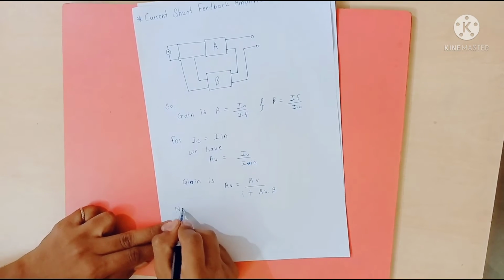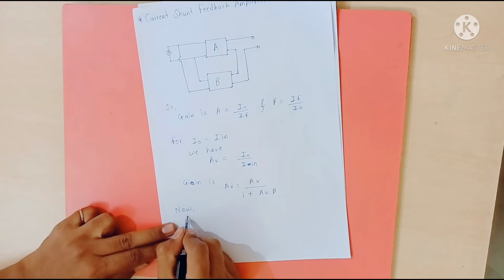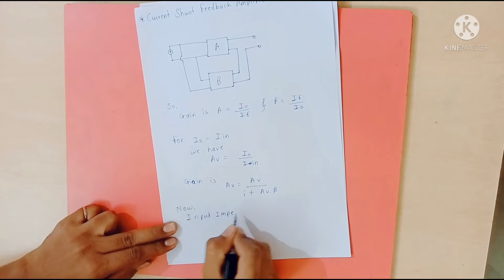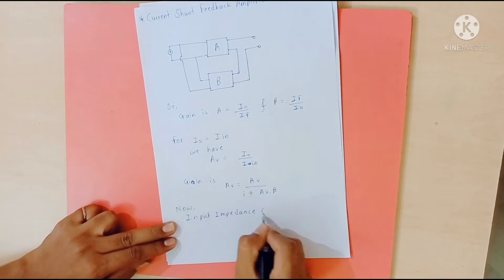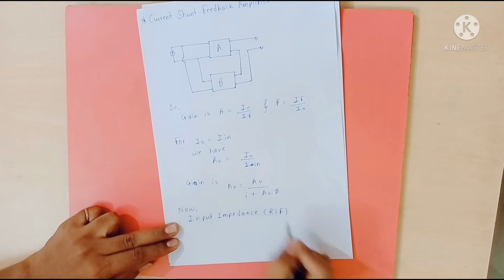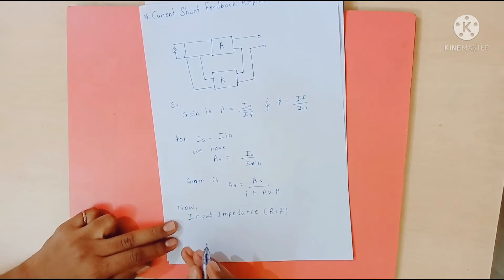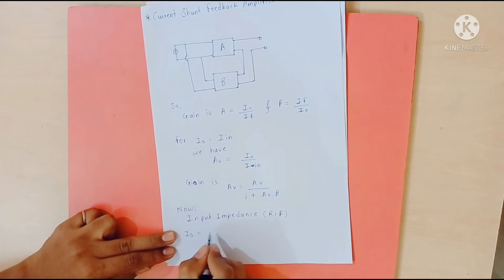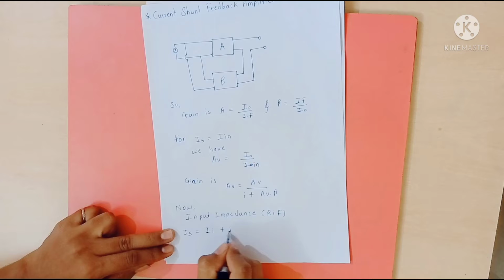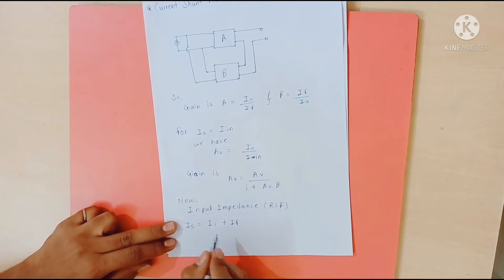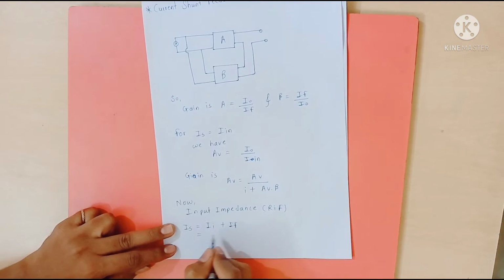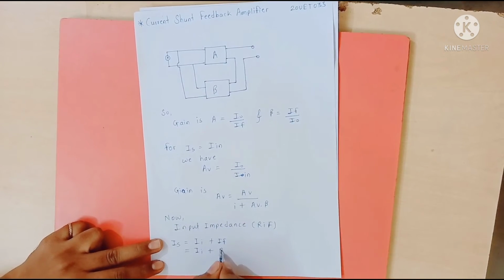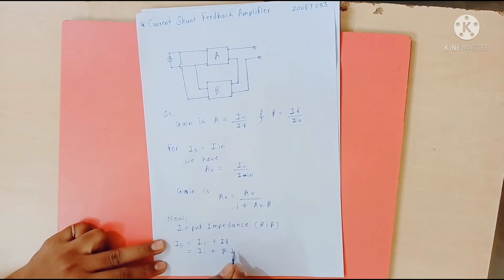So now we have to calculate the input impedance. Here input impedance is RIF and here the feedback amplifier is in shunt. So IS equal to II plus IF. Here II is input current. So II plus IF, where IF equal to beta dot IO.